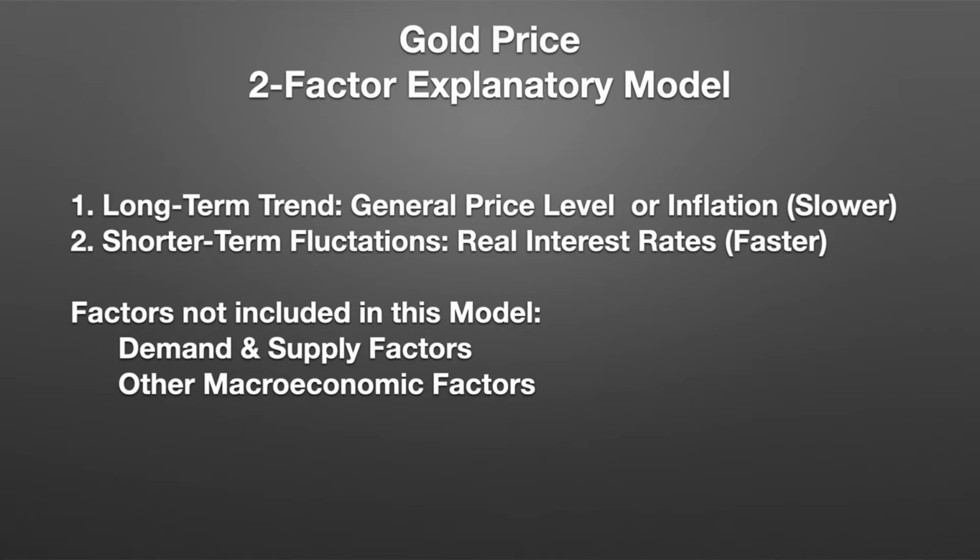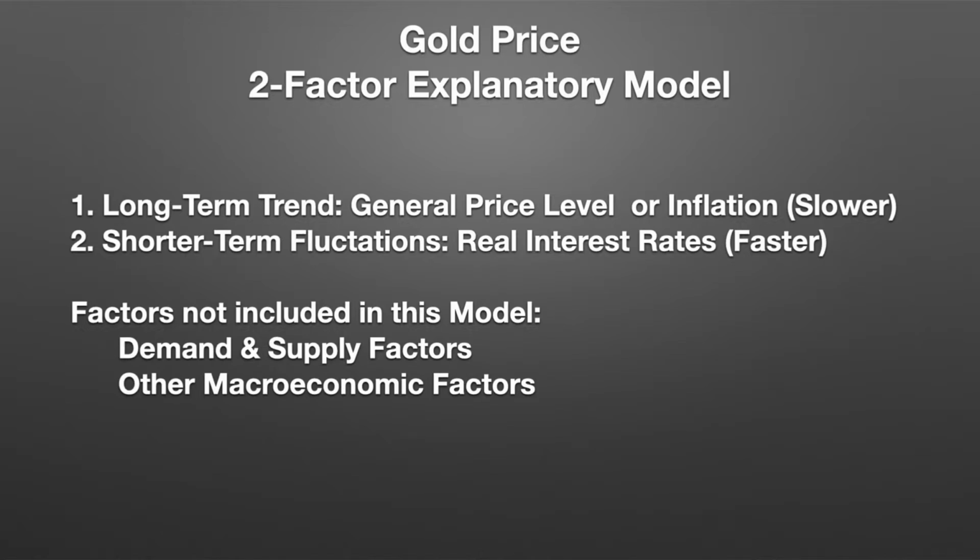The long-term trend was the general price level. I called it inflation, but really inflation is the rate of change of the price level. So inflation drives the price level, but the model is based on the price level. And this is a slower effect. The faster thing is the real interest rates, the shorter-term fluctuations.